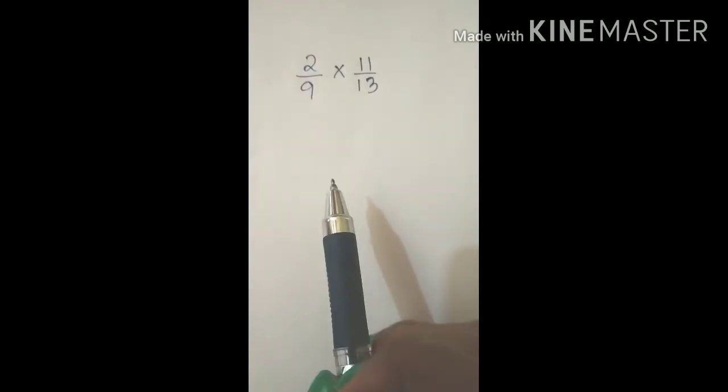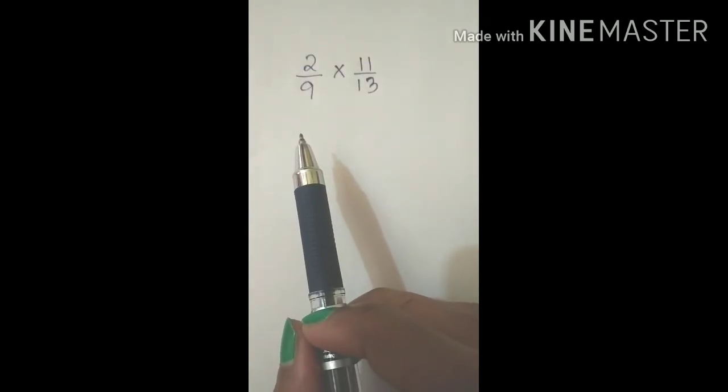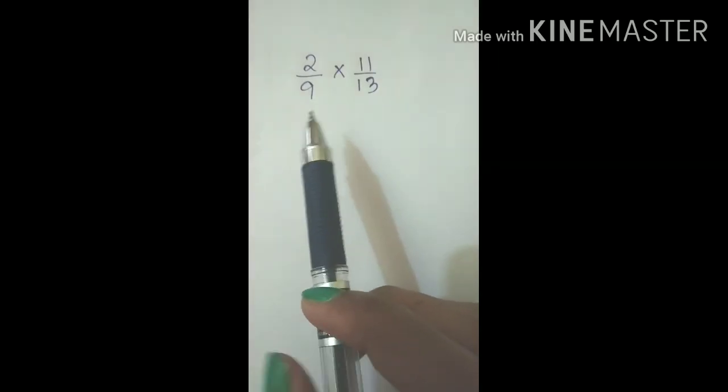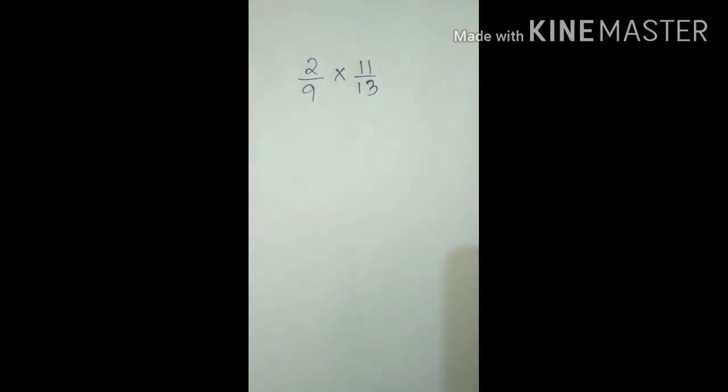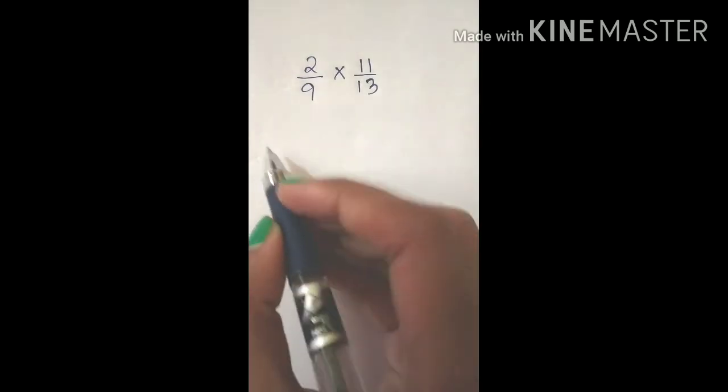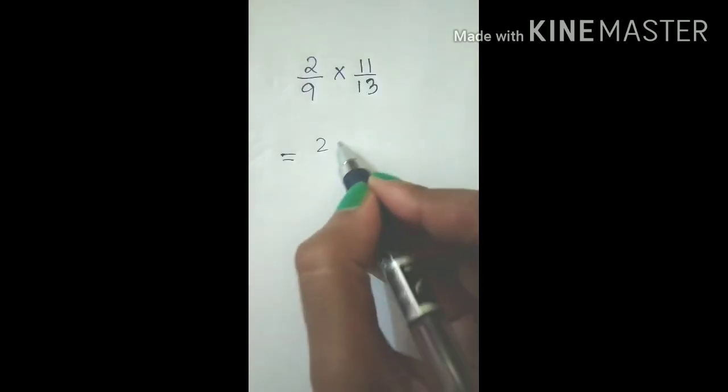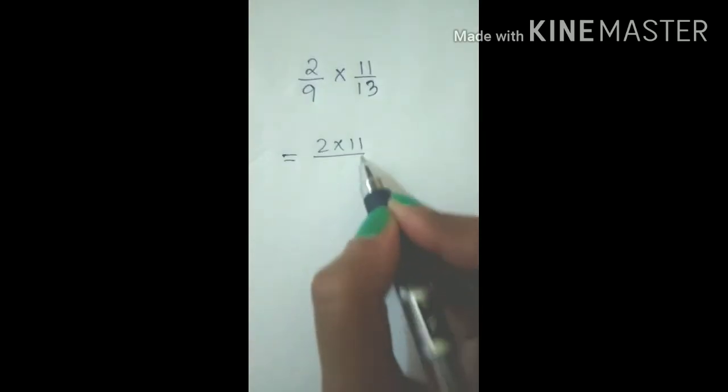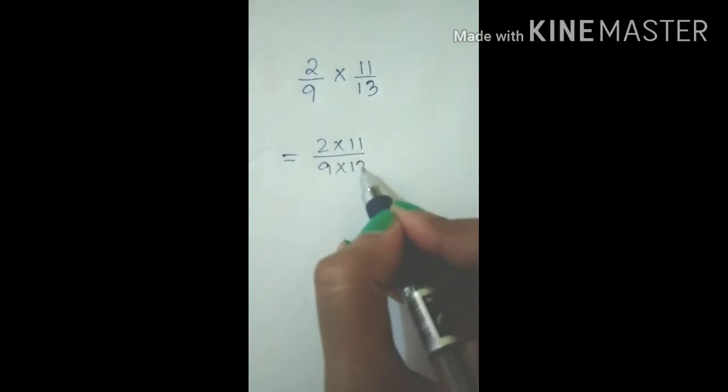Now let's solve one more question. Look at this question. Even in this question, we have to multiply both the fractions. So we can write the fraction as 2 multiplied by 11 by 9 multiplied by 13.